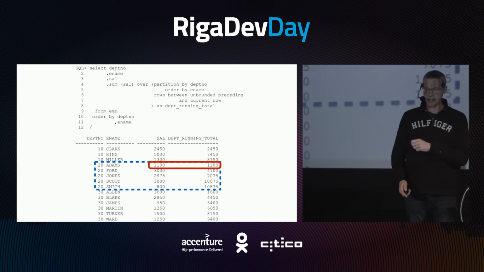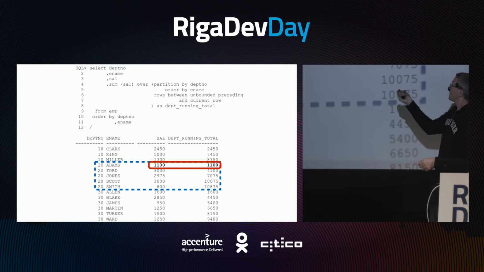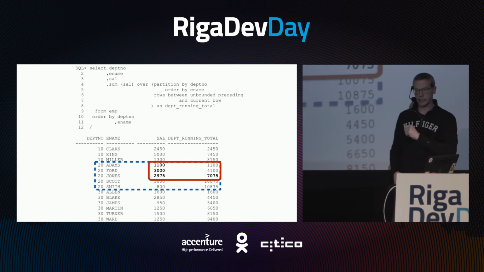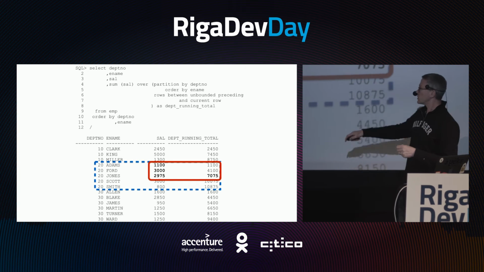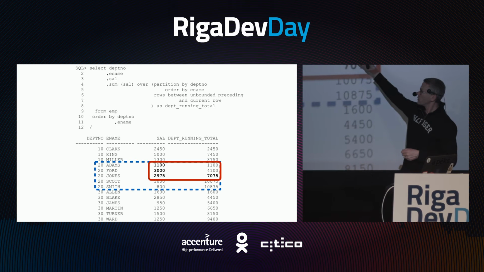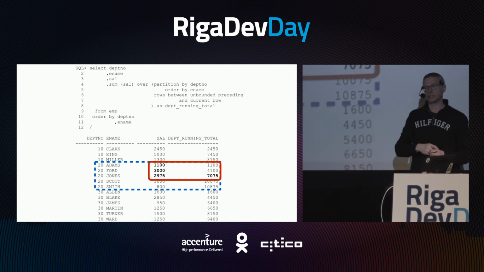If you look at Adams, that's the current row, that's his salary, added up to 1,100, and so on as you go through that partition. You can also see that the sum of the salary, the running total, is reset for each partition. Windows don't cross partitions.